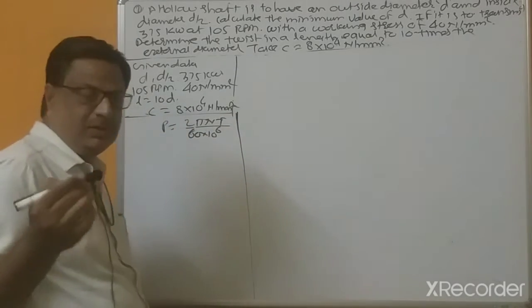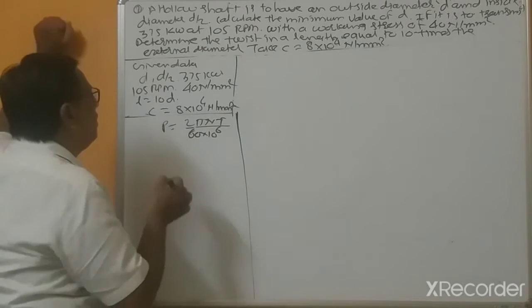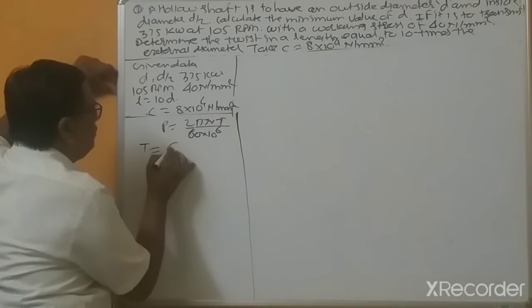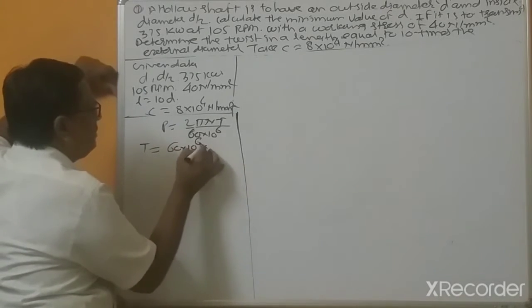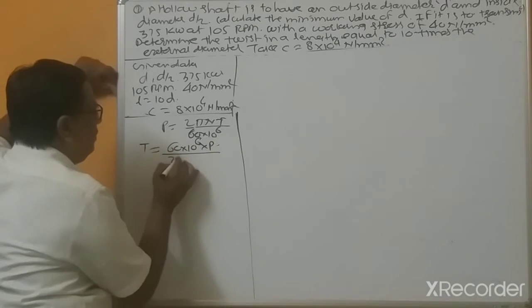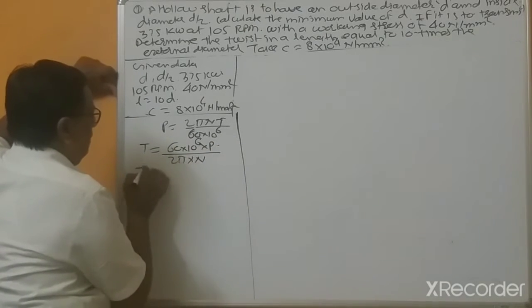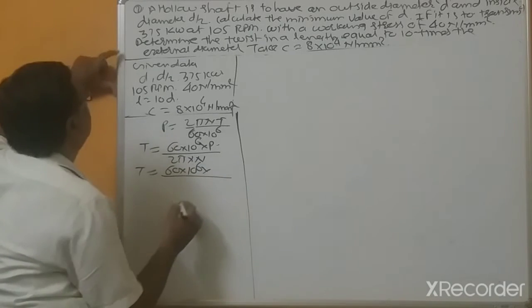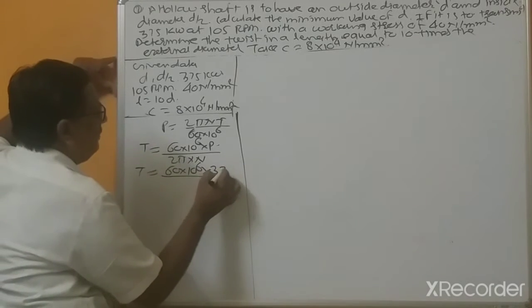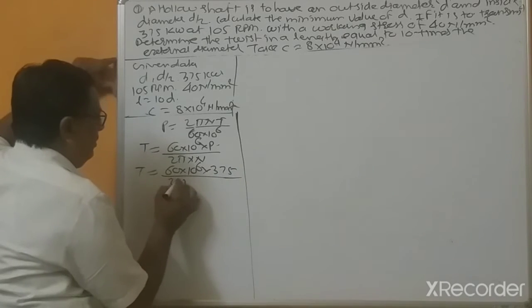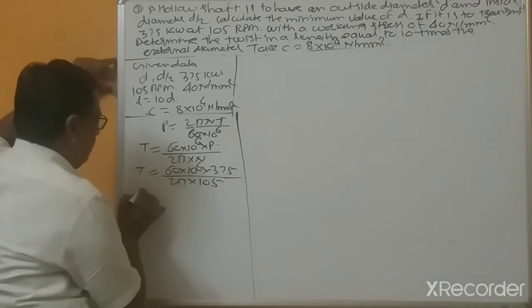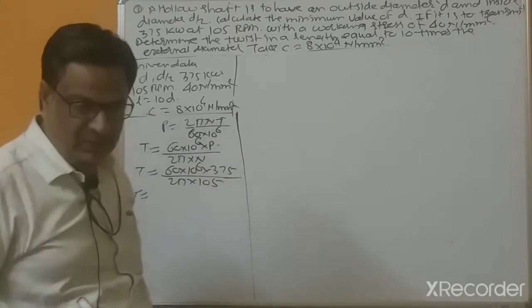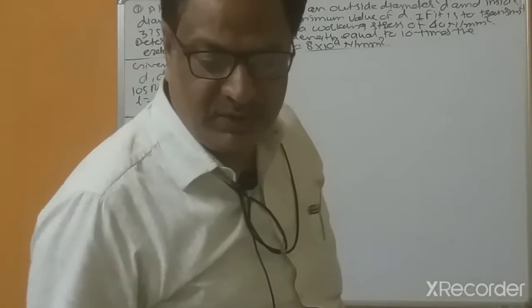So the first step is to calculate torque. Torque equals 60 into 10 to the power 6 multiplied by P divided by 2 pi n, where P equals 375 kilowatt and RPM equals 105. More torque is to be transmitted.